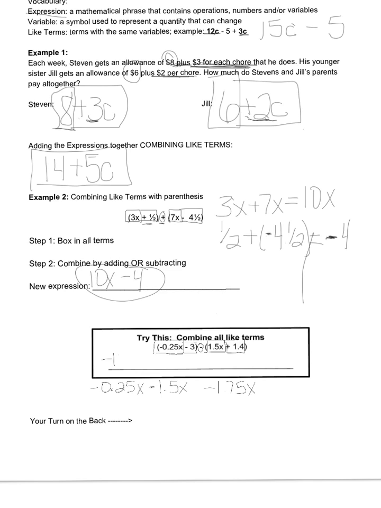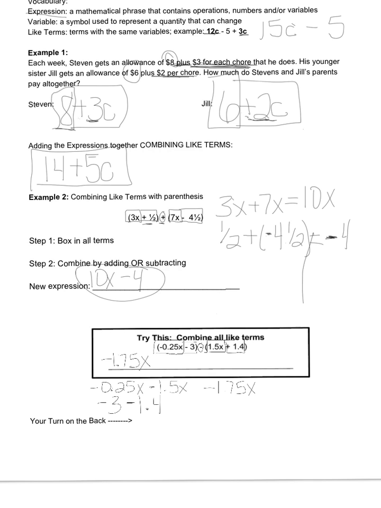And then I'm going to do the same thing with my second box in my first parentheses. So that minus 3 is a negative 3. My action tells me I'm going to subtract, and from that I'm going to subtract a positive 1.4.